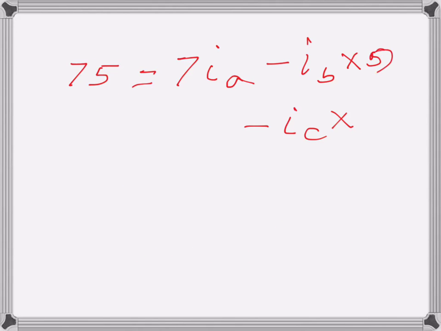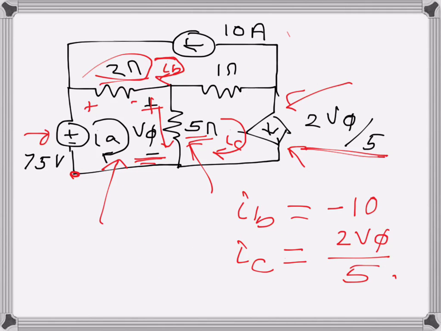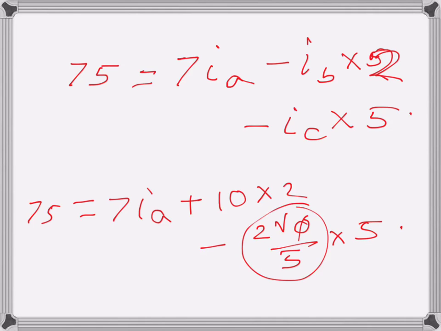So instead of IB, we will write minus 10 amps, and that is negative, so it becomes 10 times 2. And instead of IC, we will write 2V phi over 5, so that becomes 2V phi over 5 times 5.